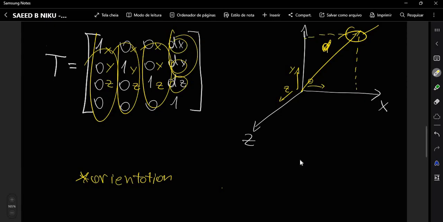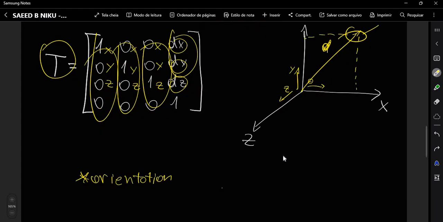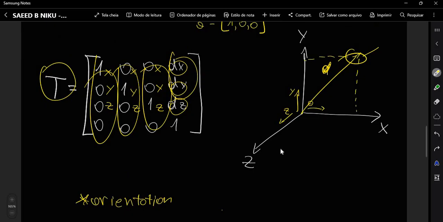And this matrix T is telling this to us, as I explained to you, because the unit vectors keep the same direction.